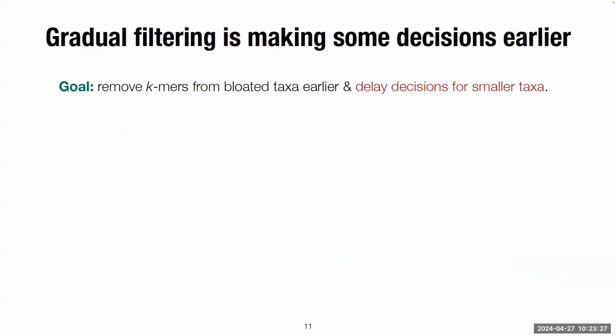So what we do is we instead impose a size constraint for each taxon. The goal of this size constraint is to remove k-mers from those bloated taxa, such as E. coli, earlier during the traversal, and we treat smaller, less represented taxa less aggressively, and we delay the decision for smaller taxa to the later stages of the traversal.